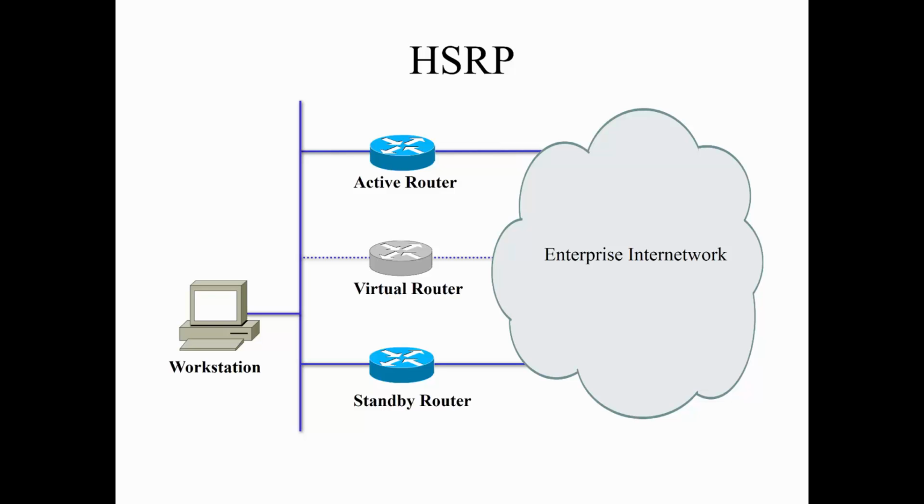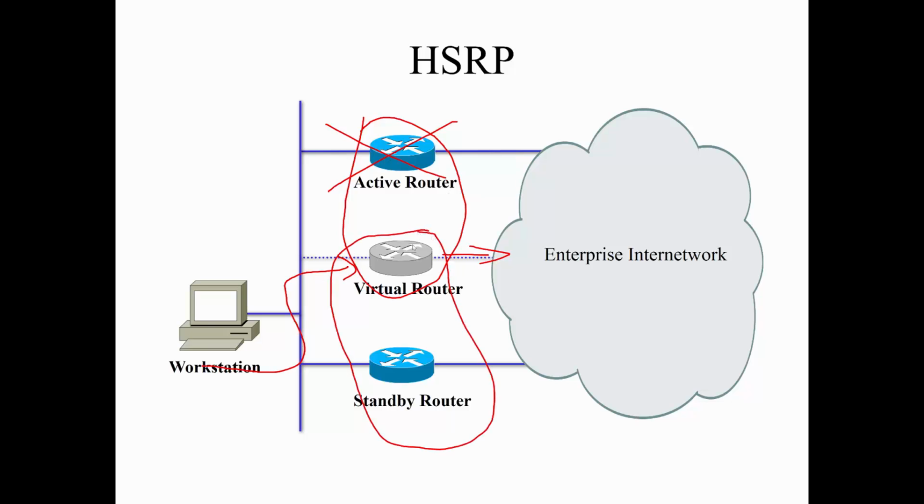So when you send it to the default gateway, it will actually go to that virtual router. That virtual router will send it to the network. The active router controls the virtual router, but if the active router goes down, the virtual router gets taken over by the standby router. That way, that virtual router is always available.